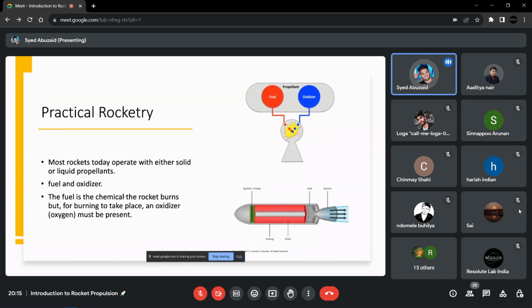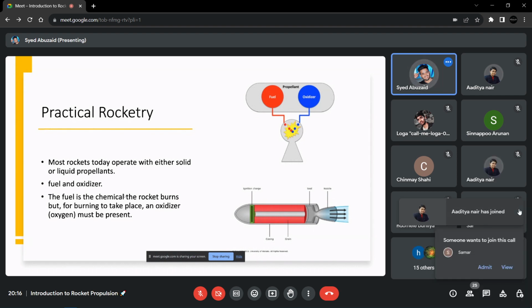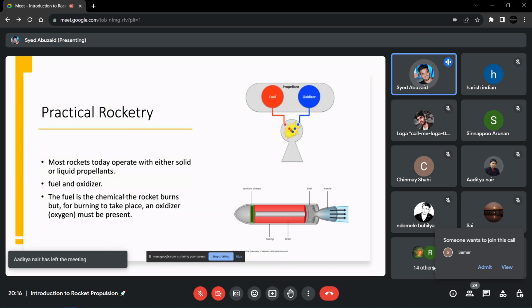The mass comes out through the throat of the nozzle, and that makes equal pressure, equal thrust to the mass of the rocketry. That's why the rocketry pulls up from the ground. So there is the basic principle of Newton's third law: every action gives an equal and opposite reaction. So the mass that comes out of the nozzle has to equal the rocketry mass. The fuel is the chemical of the rocket that burns, but for burning to take place, the oxidizer oxygen must be present. I've already told you.